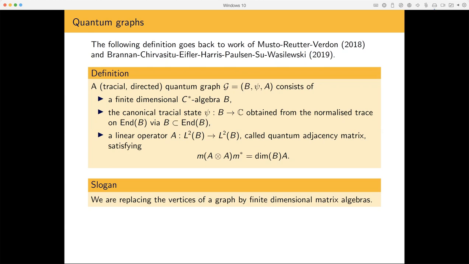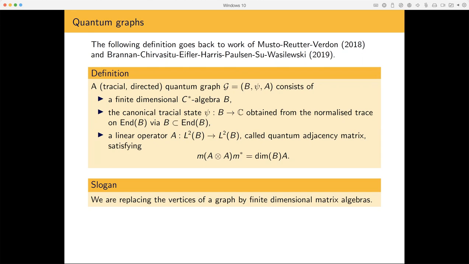Any other questions at this point? But sorry, if you write B as a finite sum of matricial algebras, then isn't there a unique psi determined by the condition that you put, or not? Yeah. So I've picked one state, what I call the canonical tracial state. That is uniquely determined by B, so in a sense there is no choice here.